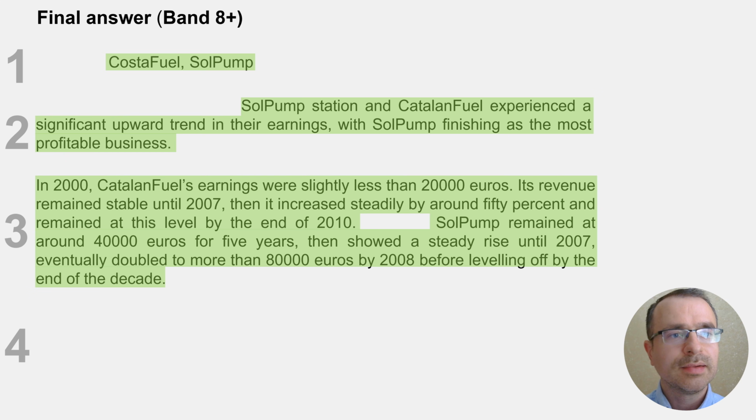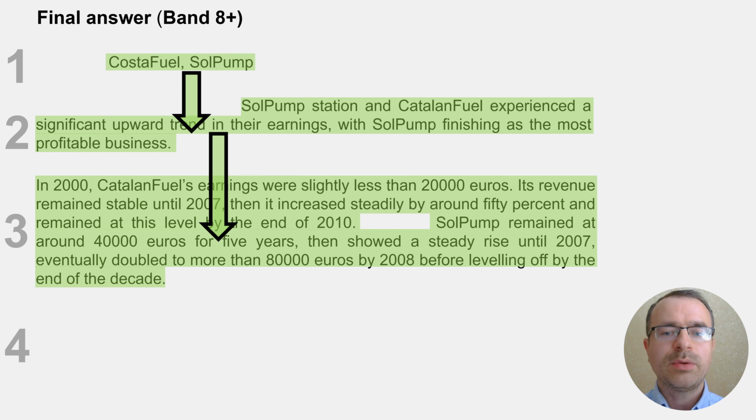Yeah, that's it. So just to give you an overall idea of how we go from the general to the specific, we could just look at this snapshot for the Cost of Fuel and Salt Pump. In paragraph 1, we just listed them, right? In paragraph 2, we give more information. We explained which one goes up, which one goes down. Well, in this case, they both go up.